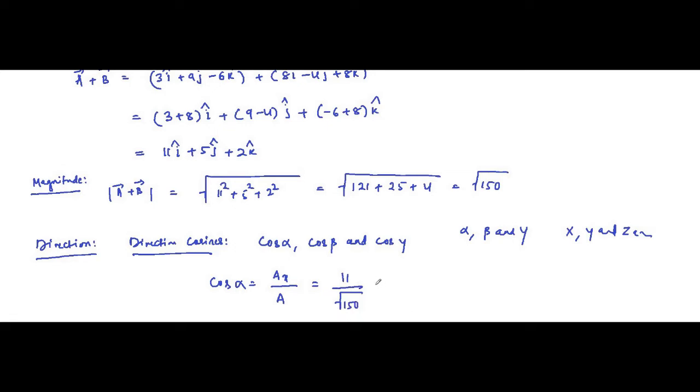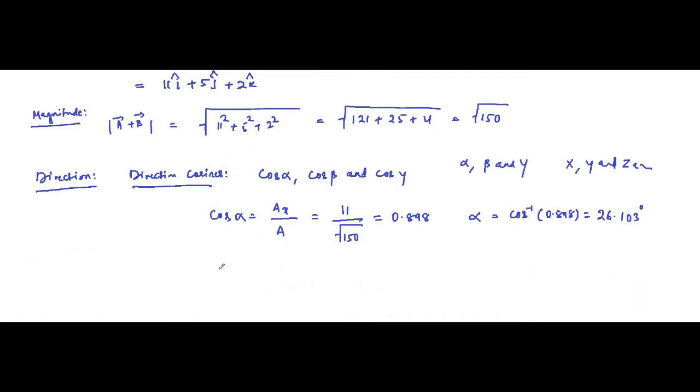Let us calculate, it is coming around 0.898. If you want to determine alpha, which is cos inverse of 0.898, that is coming as 26.103 degrees.